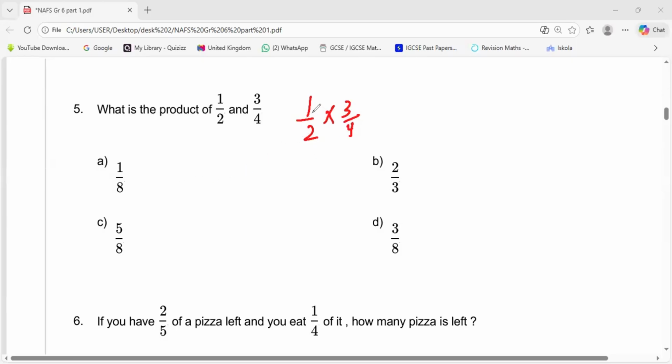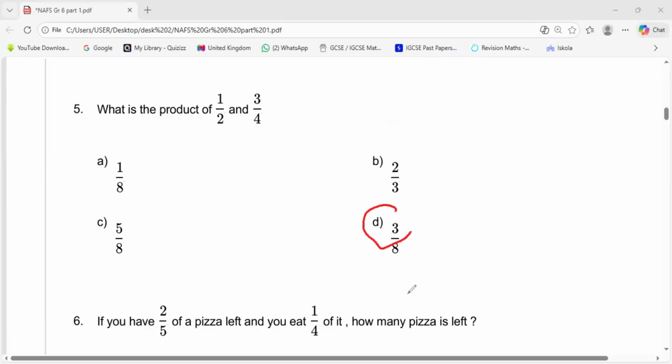We just multiply 1 by 3, and 2 by 4. If you have a common factor between numerator and denominator, divide by it, but 3 and 8 don't have any common factor between them. So the answer is 3 over 8.